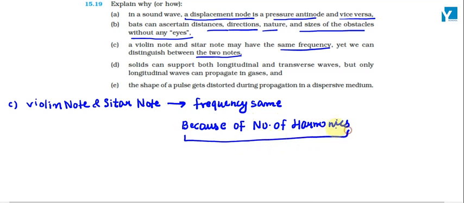The number of harmonics present in both notes and their relative intensities differ.